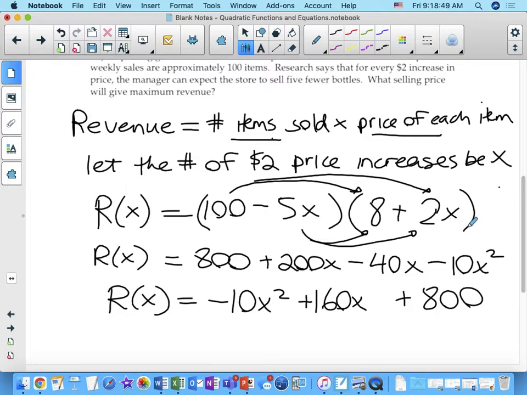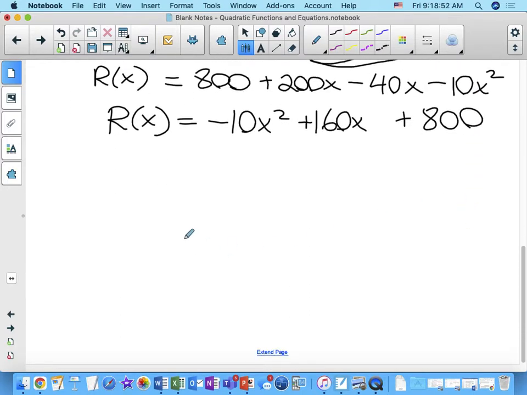So if you imagine, actually we should talk about this too. This is a parabola, and the a value is negative 10. So the a value is negative. What's the direction of opening? Down, yeah. So this is going to look like this.